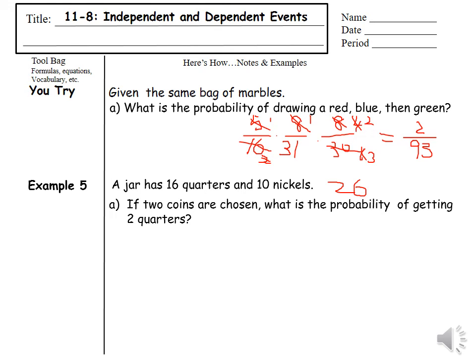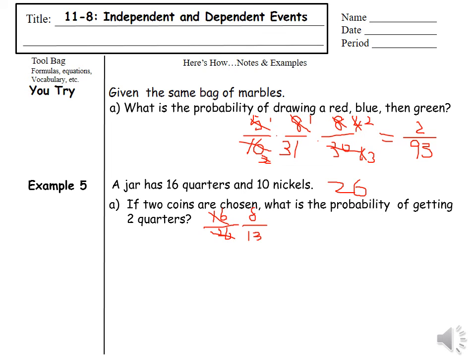So we have 16 quarters. The first time, the probability of getting a quarter is 16 over 26, which is 8 over 13. Now it's time for you to decide whether it's a dependent or independent event.